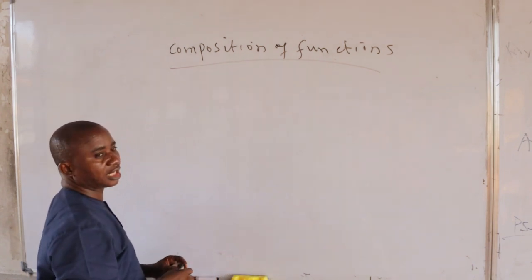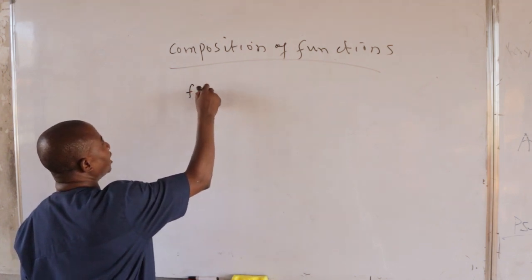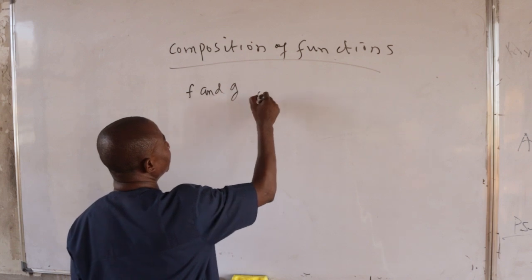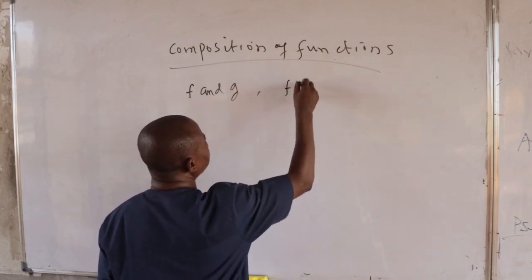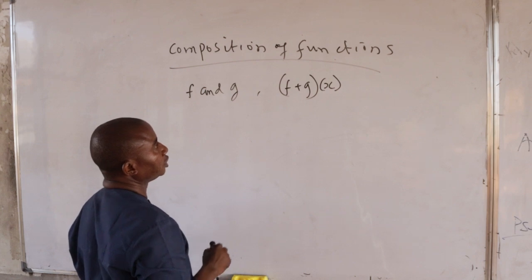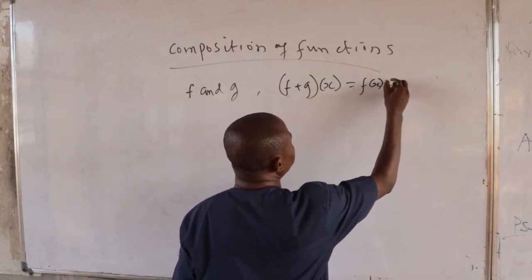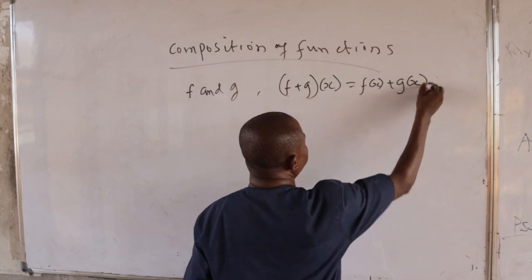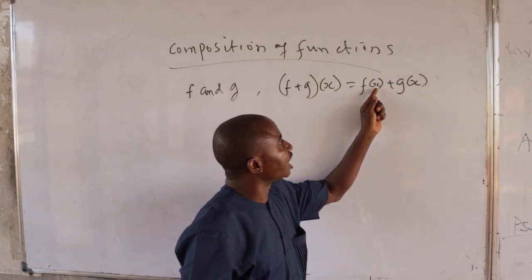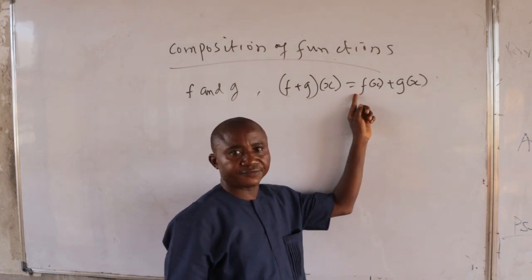The conditions are simple. If I give you two functions f and g, and I want you to find the sum of f and g, f plus g acting on x, the definition is f of x plus g of x. Since we are talking about f of x, x is an element of the domain of f.